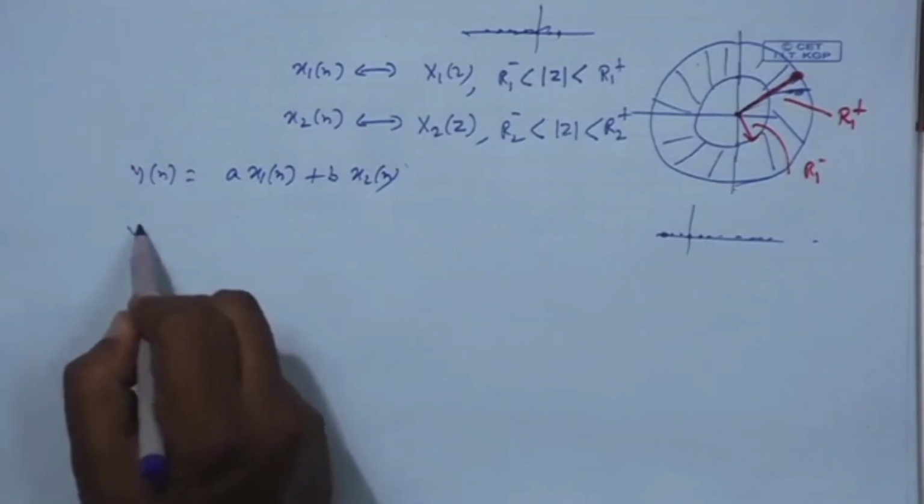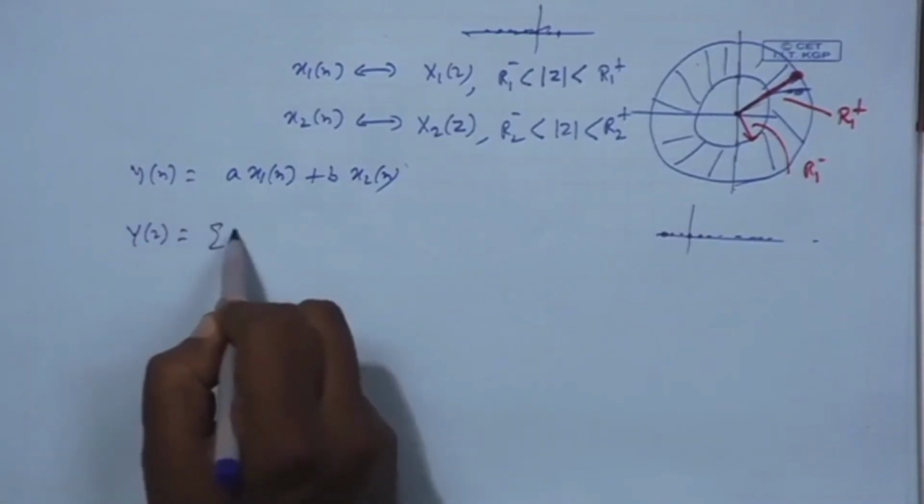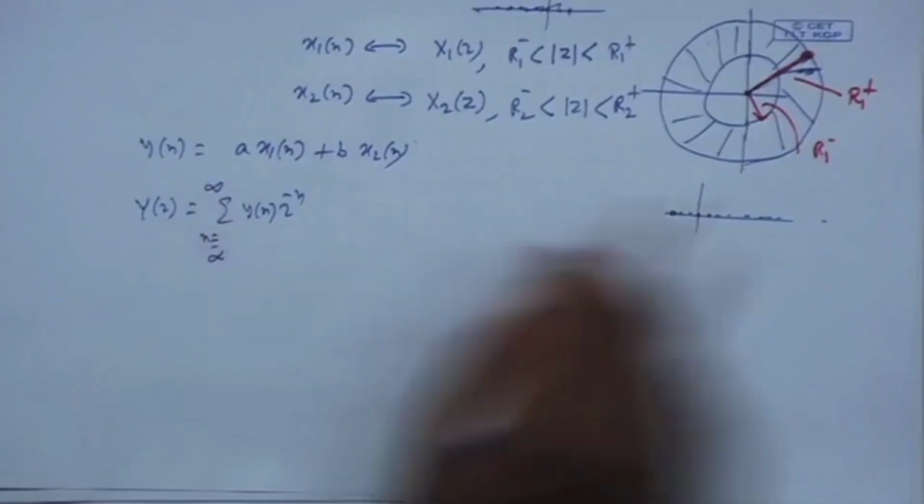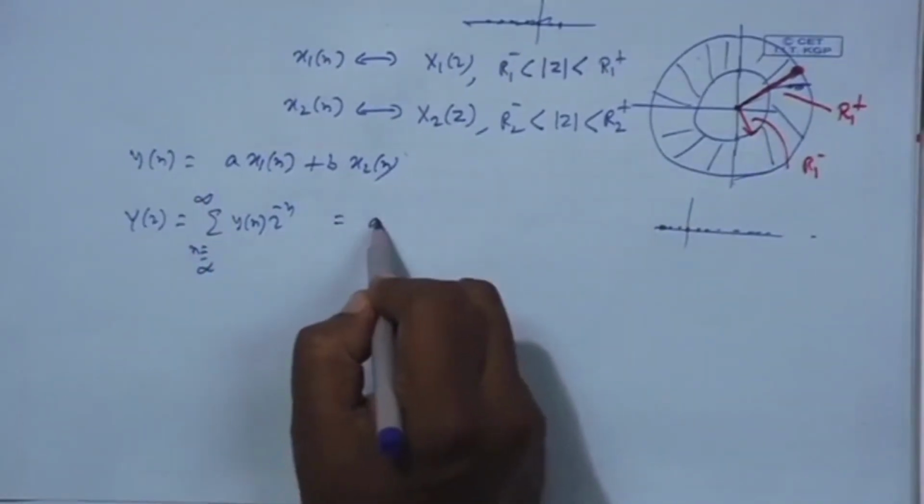So, Y(z) will be summation y[n] z to the power minus n, which is nothing but A times the summation of x1[n] z to the power minus n plus B times the summation of x2[n] z to the power minus n.